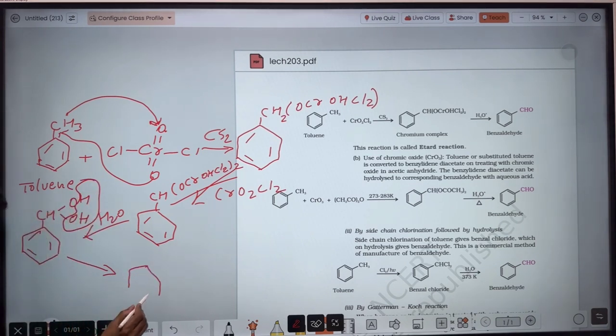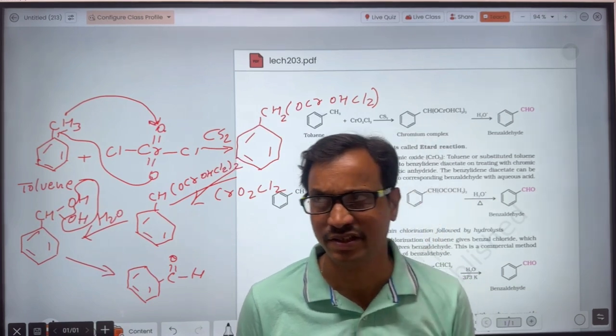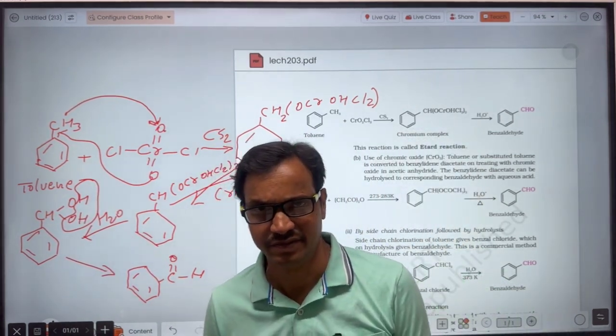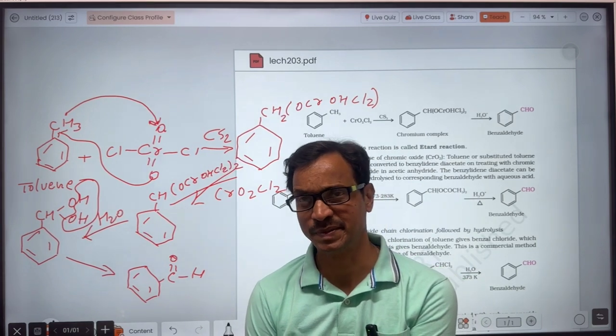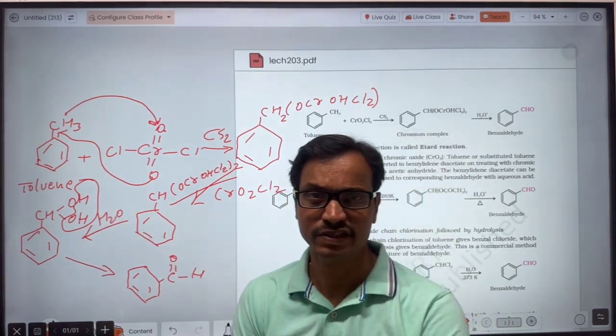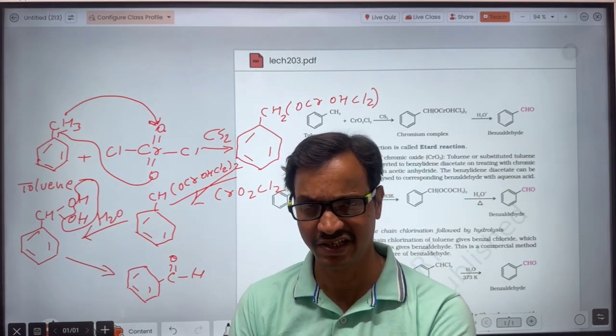So benzaldehyde will form. So by the Etard reaction, we prepare benzaldehyde by reacting toluene with chromyl chloride in the presence of CS2, carbon disulfide.